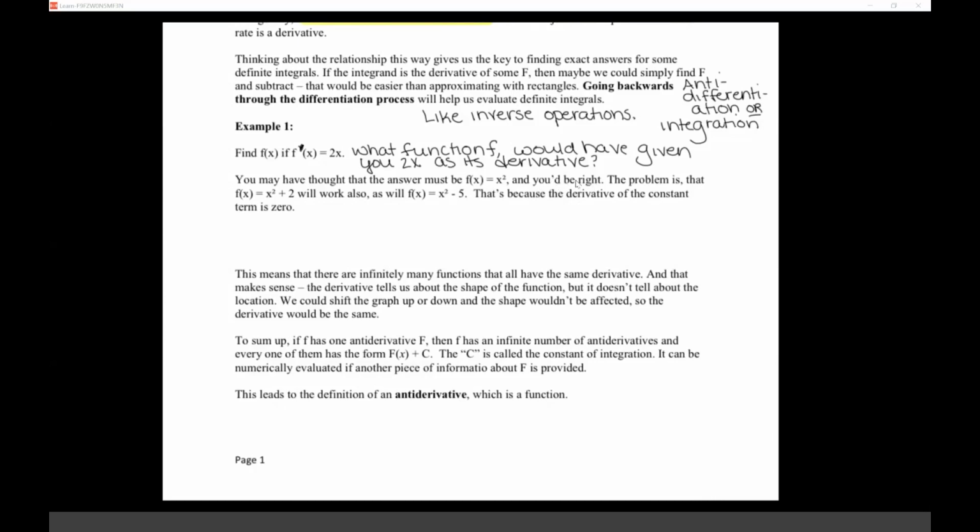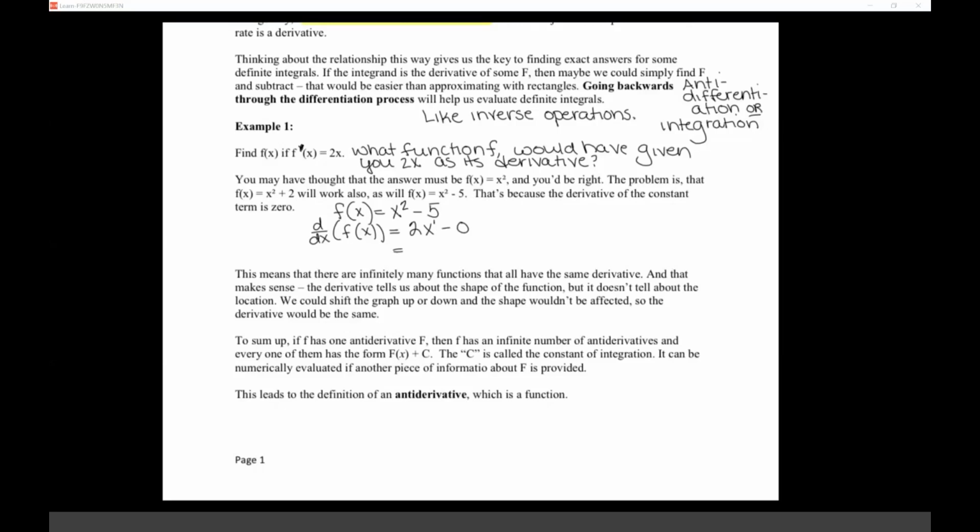And that certainly is true. The problem is a whole family of functions would have also given you 2x as the derivative, like x squared plus 2, or x squared minus 5. If I want to differentiate this, and I'll use the Leibniz notation here, that would give me 2x: bring down the 2, drop the exponent by 1, and the derivative of a constant is 0.